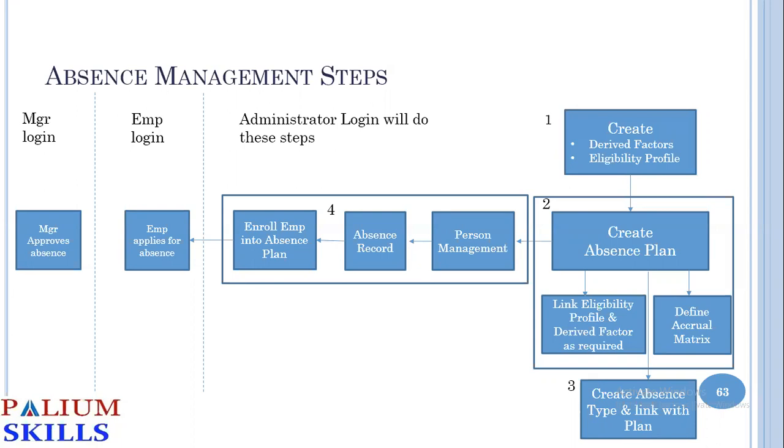Exactly. So don't get bogged down initially by all the different features. First, get a bare minimum plan in place. Okay, sure. Derive factors, keep it simple. Eligibility profile, keep it simple. You will get a lot of chances in future to play around with all the different options. So keep your mind clear about what needs to be done.